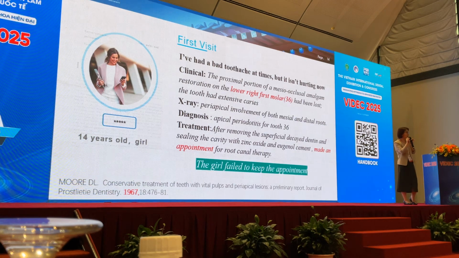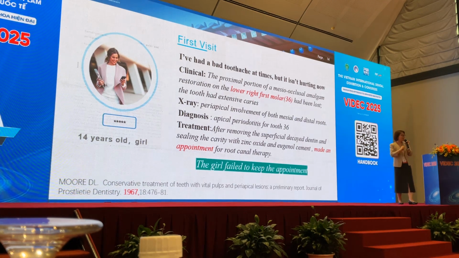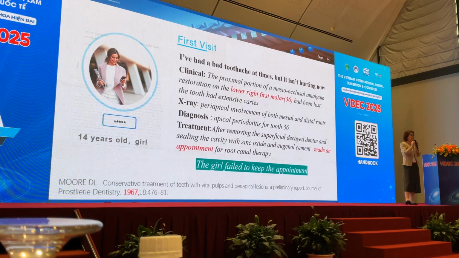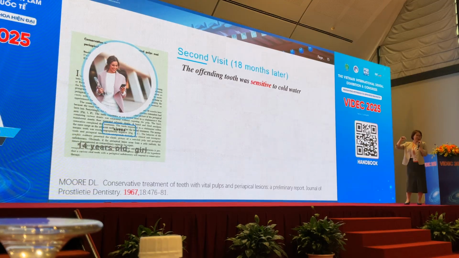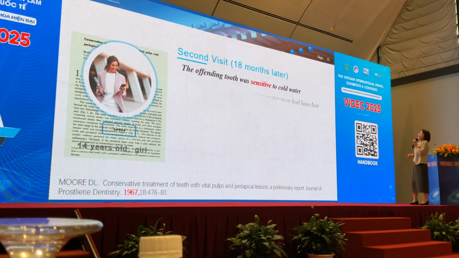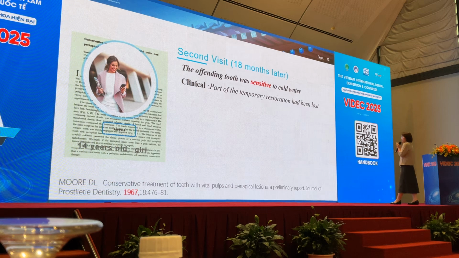Maybe just because of the missed appointment, the dentist had new discoveries that were totally different from his previous understanding. Why? The girl came back 18 months later and complained that the offending tooth was sensitive to cold water. And the clinical examination found part of the temporary restoration had been lost.